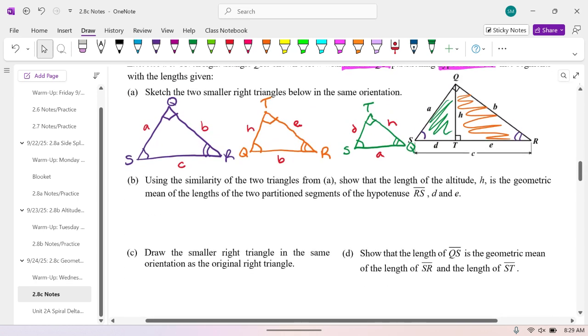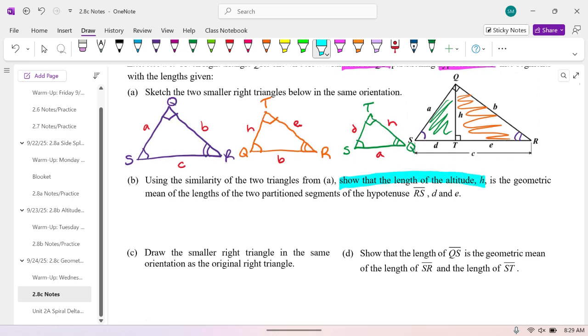Now, using the similarity of the two triangles from A, show that the length of the altitude, which is H, is a geometric mean of the lengths of the two partition segments of the hypotenuse RS. So those lengths are D and E. So what we're doing up here is the altitude is H. All right, so right here.